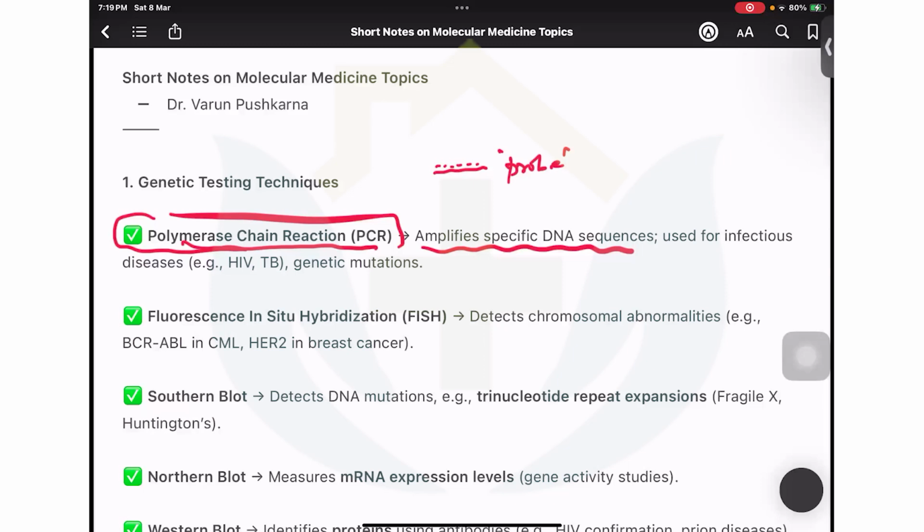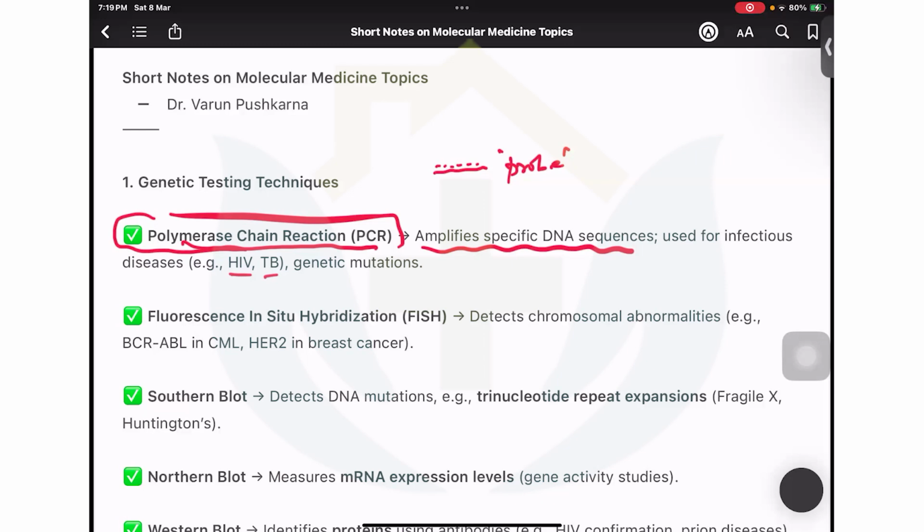It helps us diagnose conditions which are very difficult to diagnose, like HIV. Sometimes HIV you can diagnose only by the presence of the viral particles. And how do you define the viral particles? If the retro RNA or the DNA is present. Same way these days, tuberculosis. If TB PCR is positive, that means the tubercular bacteria was there at the time of sampling, that is why its DNA was there at the time of sampling. And of course, genetic mutations.